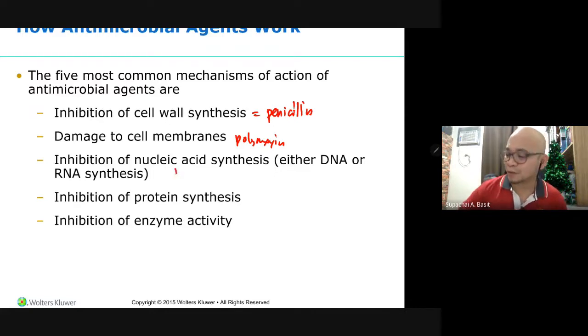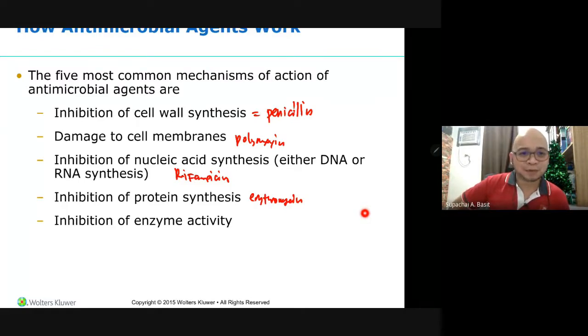For example, rifampicin can inhibit DNA synthesis. Some of them can inhibit protein synthesis, such as erythromycin. Erythromycin can inhibit protein synthesis, and some of them can inhibit enzyme activity.